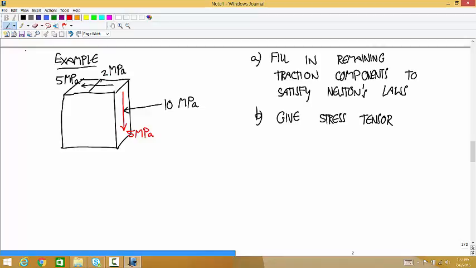The 2 megapascals going to the back on the y face has to be accompanied by a 2 megapascal stress going down on the z face. So that's all we need to do for A.